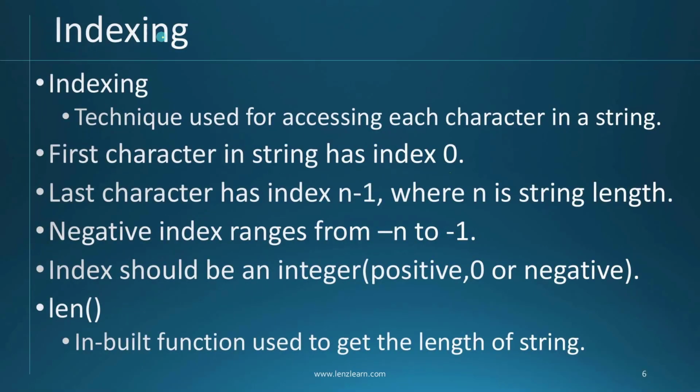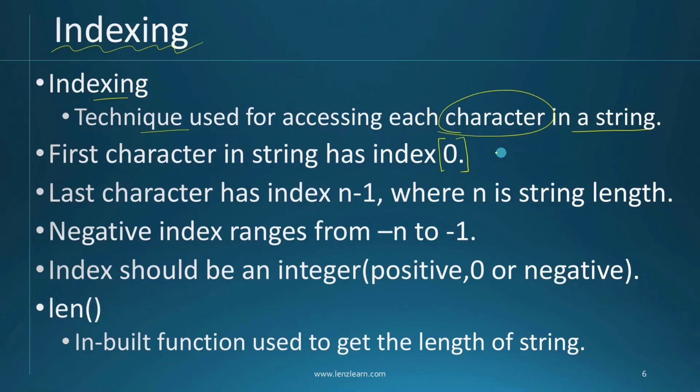Now when you are working with a string, you should have a clear understanding of indexing, because by using indexing you can access one single character inside a string at a time. Indexing is a technique used for accessing each character inside a string. The first character in a string will be available at index 0. You should be very clear with this.